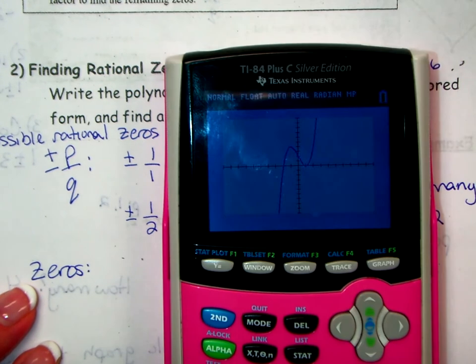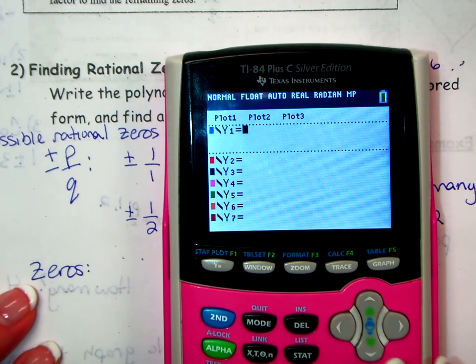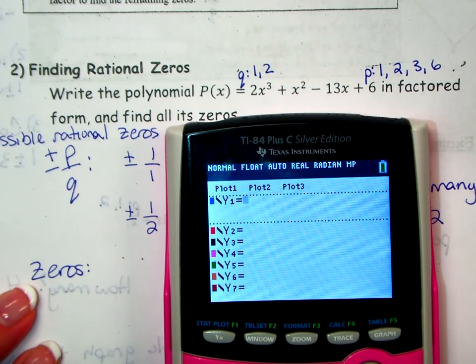All right, so I'm going to go to the calculator and I'm going to graph this function, 2x cubed plus x squared minus 13x plus 6.